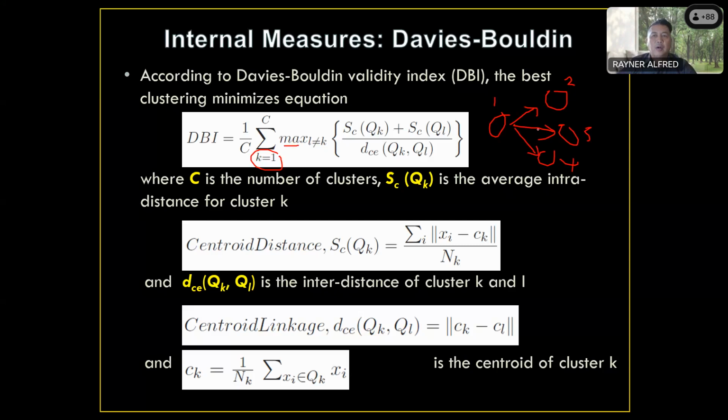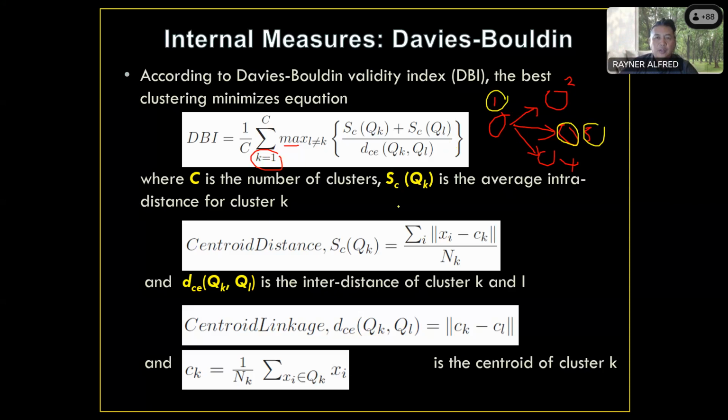Okay. So for example, I have chosen this cluster because the compactness of cluster 1 and cluster 3 divided by distance will give me the worst scenario. Okay, so I will repeat this one for 2, 3, 4.